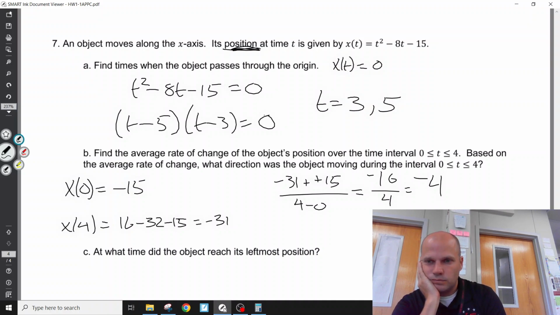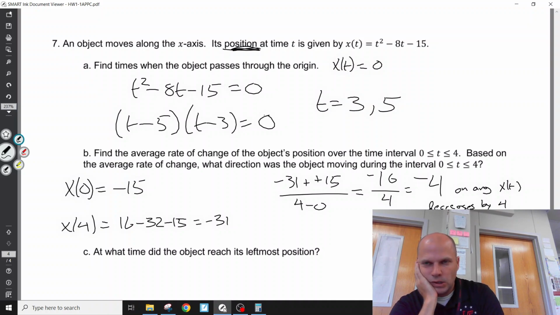So we could say on average, my position decreases by 4 units per second, if t is in seconds.